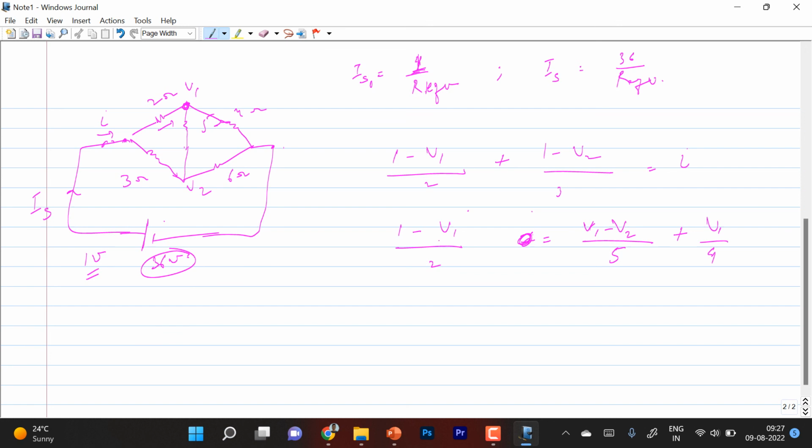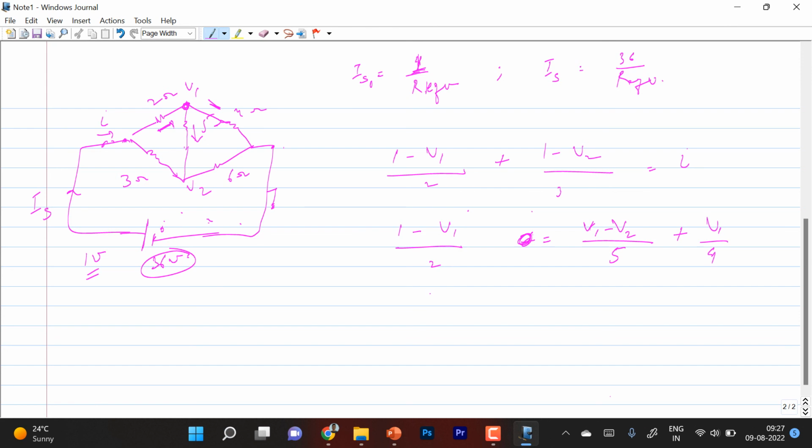So 1 minus V1 is the current coming in, equal to the current going out, which is (V1 minus V2) by 5 and V1 by 4, right? Because this is grounded, connected to the negative potential which is 0.